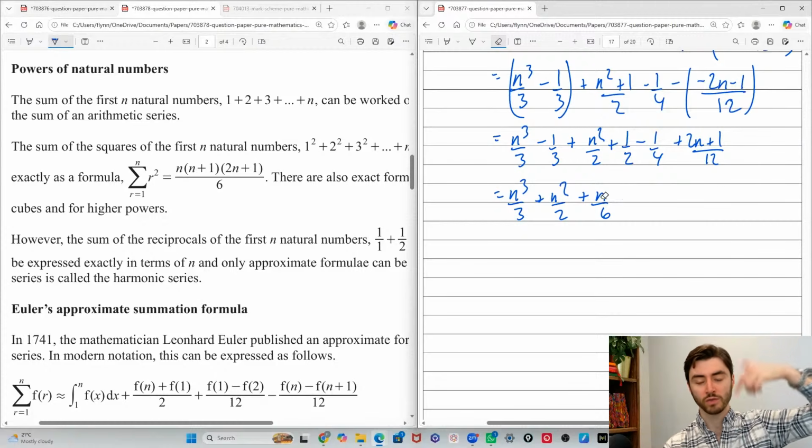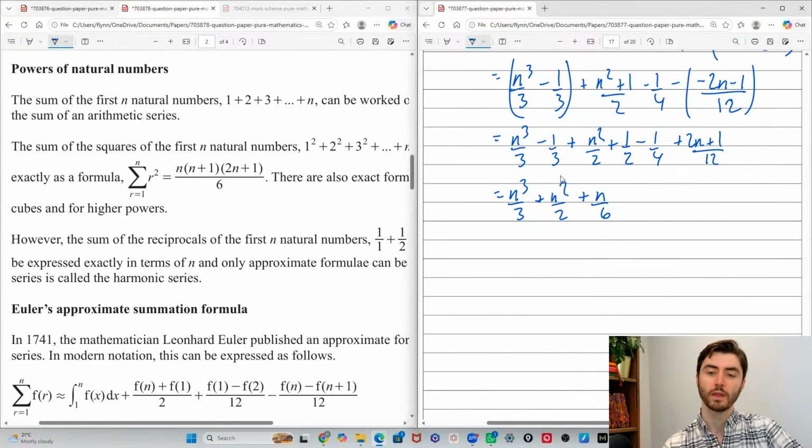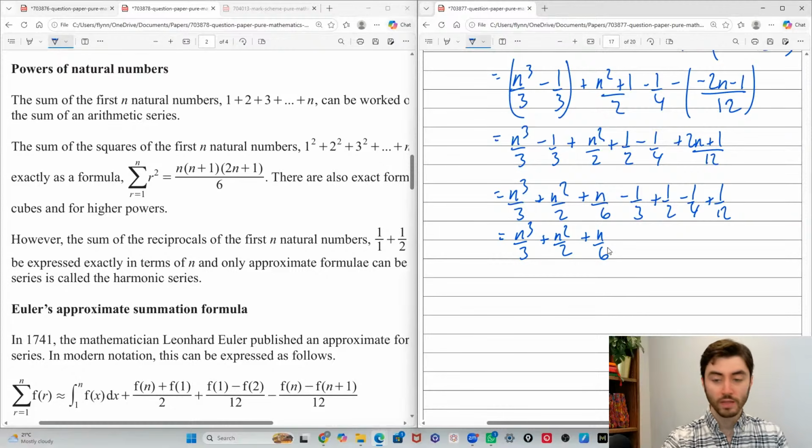And 2n over 12 reduces to n over 6. And then I've got all my constant terms. Now, bringing those constant terms together, it's minus a third plus a half minus a quarter plus a 12th gives me 0.